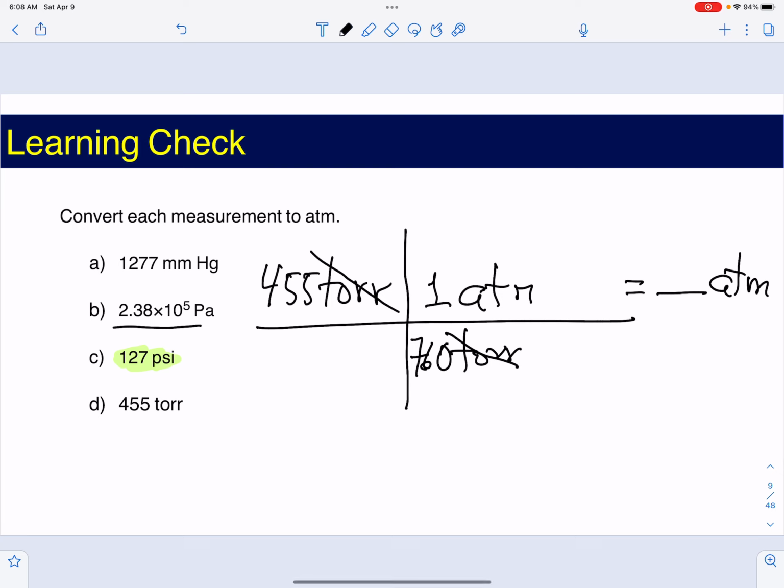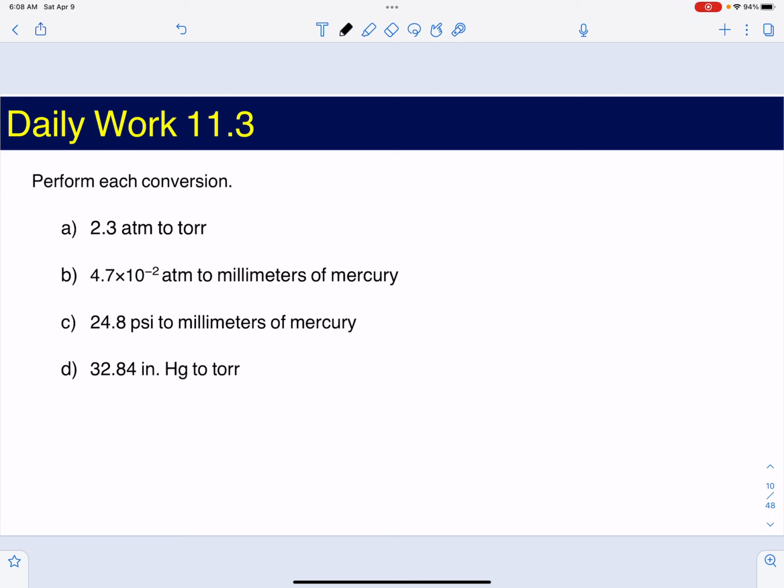So it's the same value as the millimeters of mercury. It's just a different way the engineers express it. So that's all it is. You just need the table that gives you all the equalities, which is in your packet, the one we've been using for the test, on the conversions. And you just set up the train-track method, and you're done. So with that said, you are ready to do this daily work.